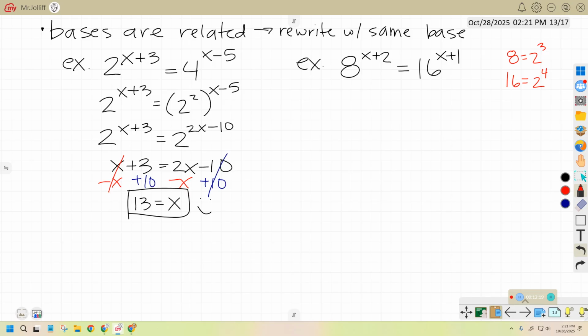I can rewrite both of these as powers of 2. So (2^3)^(x+2) = (2^4)^(x+1). Rewriting with a common base, because those bases were related. I could see they were related.